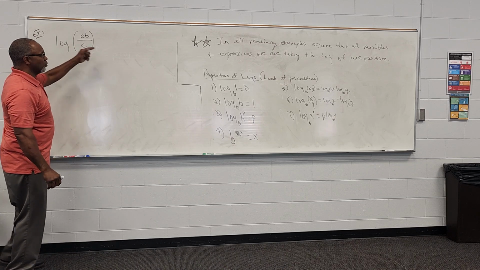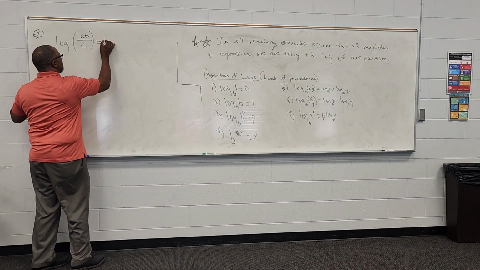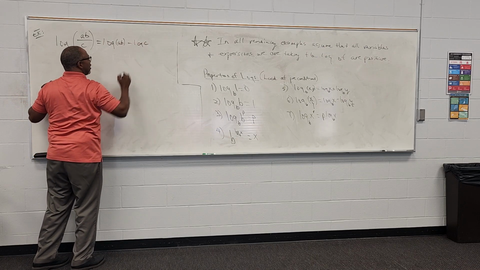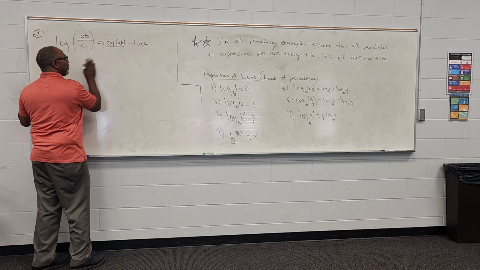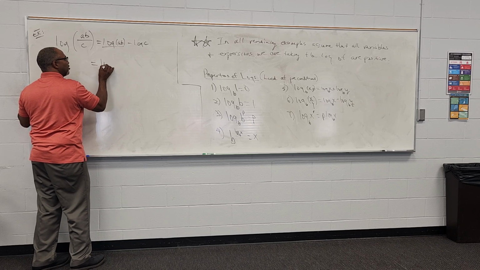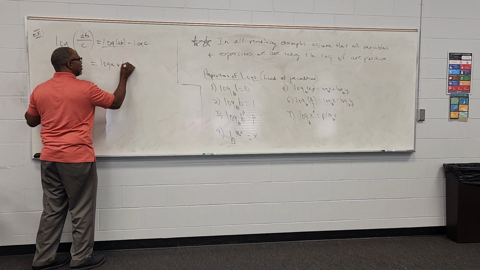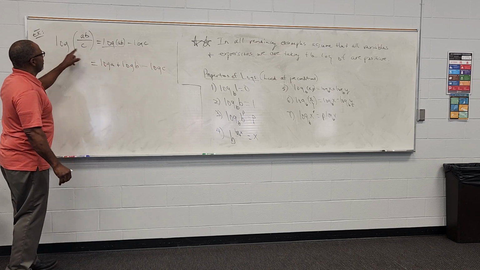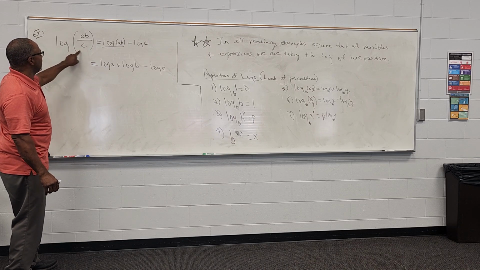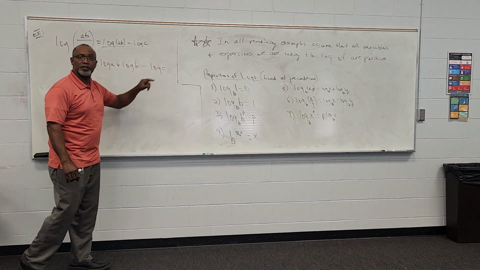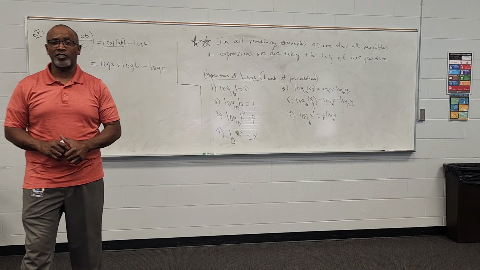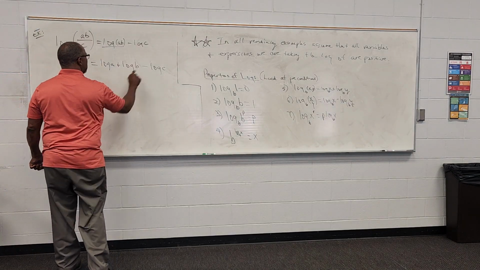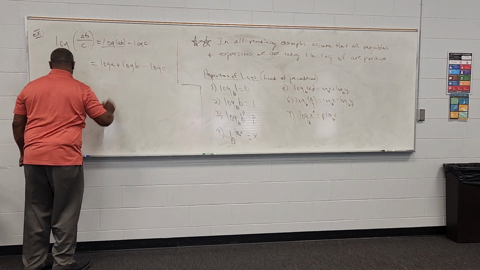If I had log of a quotient, quotient rule says I can write this as log of the numerator minus log of the denominator. This is the log of the product, so I can rewrite that as log A plus log B minus log C. So I've used a couple of rules to expand this thing into that. That's an example of an expansion. I started off with 1 log, and I wound up with 1, 2, 3 logs. So I expanded this into that.